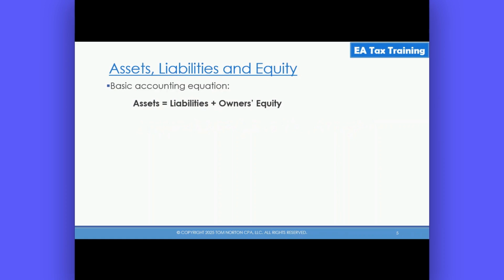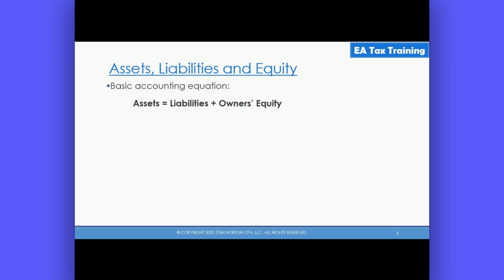And then anything that is left over belongs to the owners. So the rest of the cash would go to the owners. That is the owner's equity. So assets has to equal liabilities plus owner's equity because there's nothing else to do with the assets. The assets either go to satisfy the liabilities or they go back to the owners. So that is owner's equity.